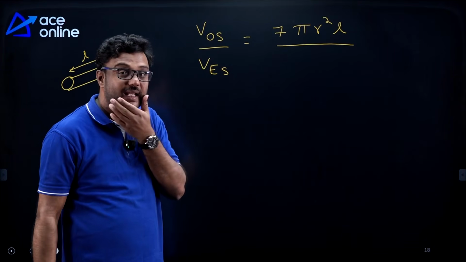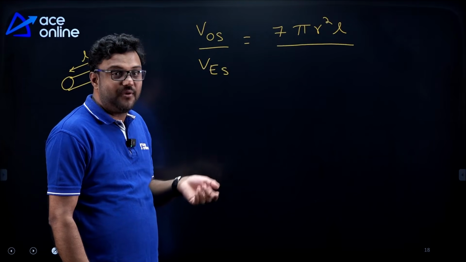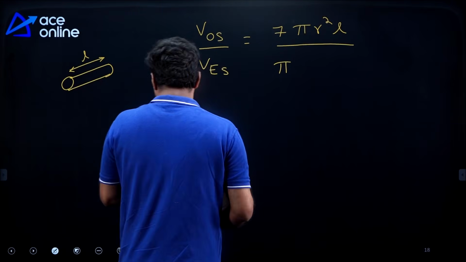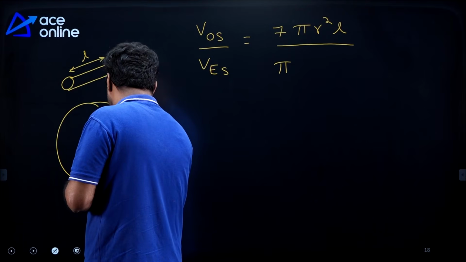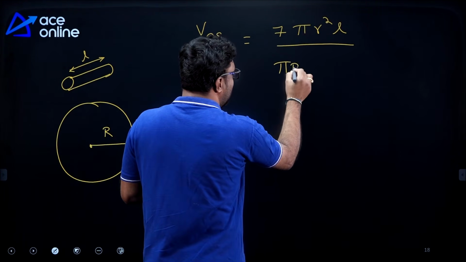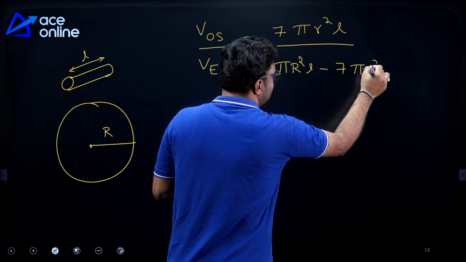That's the occupied space. Empty is out of the total. Let's say the overall radius of the cylindrical container is capital R. Then from the total, we have to remove 7 pi r square L.